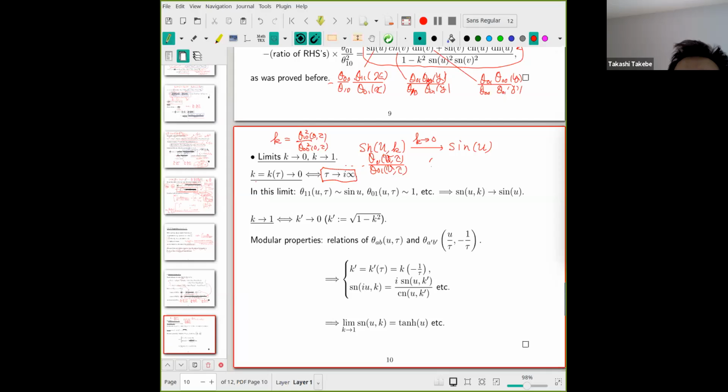In fact, for example, theta 0 0 of 0 tau is equal to the sum over n of a squared term, and when the imaginary part of tau goes to plus infinity, this is the limit.